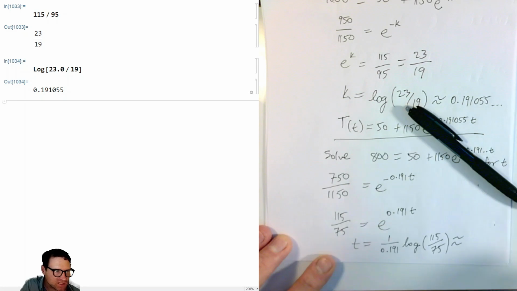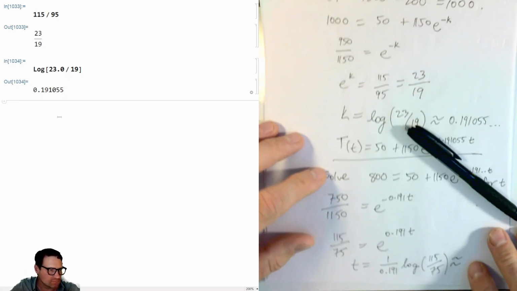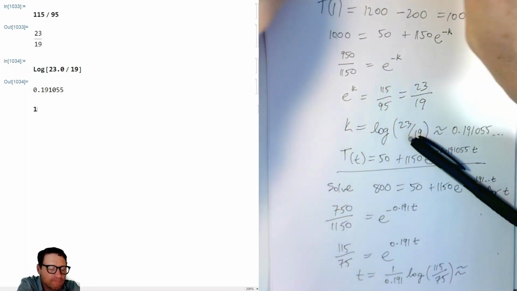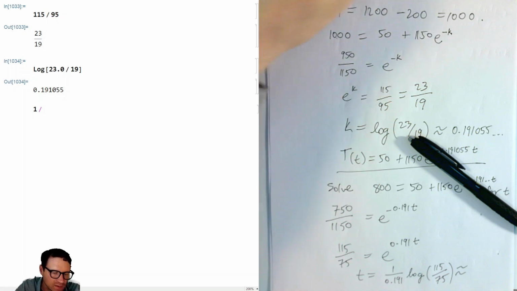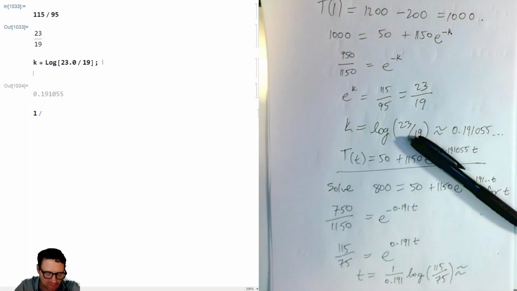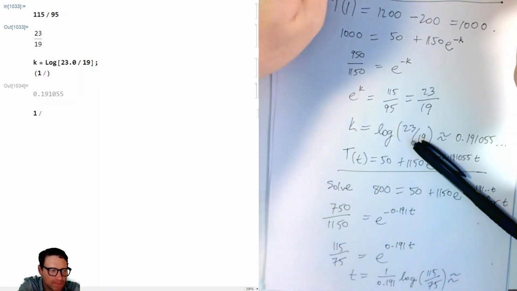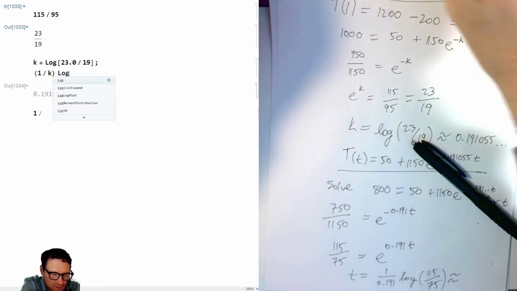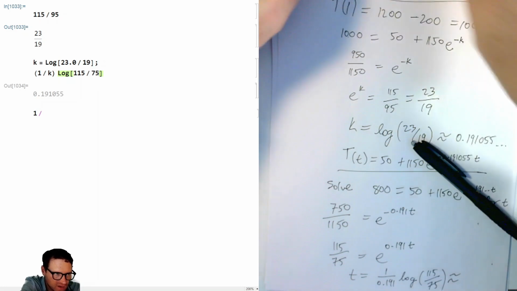And now let's approximate that. You know what, I'll just call this k up here and put that in memory. Okay, and then I'll write 1 over k natural log 115 over 75.